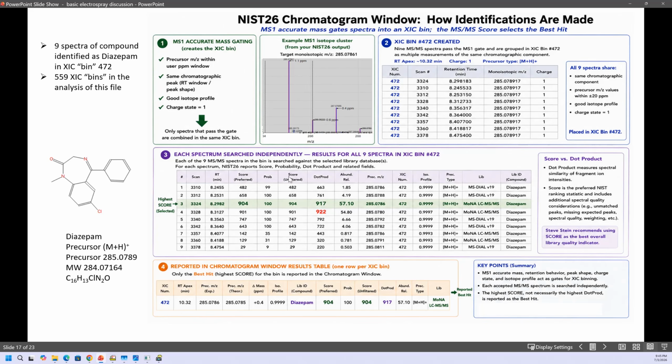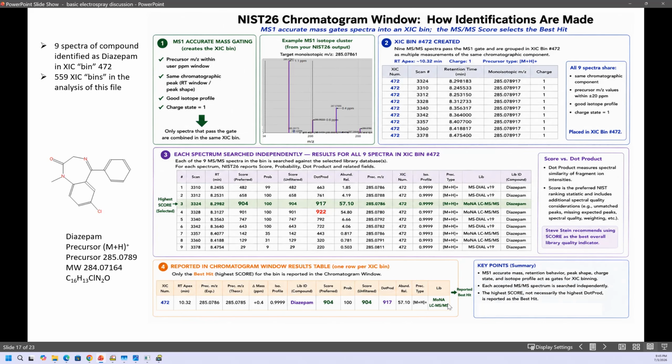And also, there's 2 scoring measures. The dot product over here on the right measures spectral similarity of fragment ion intensities. And SCORE is the preferred NIST ranking statistic because it includes additional spectral quality considerations applied on top of the dot product. So when you turn best hits off, this is what will go into the report.